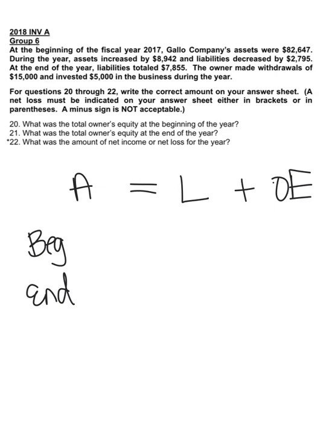I'm going to do assets in blue. So at the beginning of the fiscal year, Gallow Company's assets were $82,647. So that's how many assets they had at the beginning of the year. Let me go ahead and fill in these equal signs here.